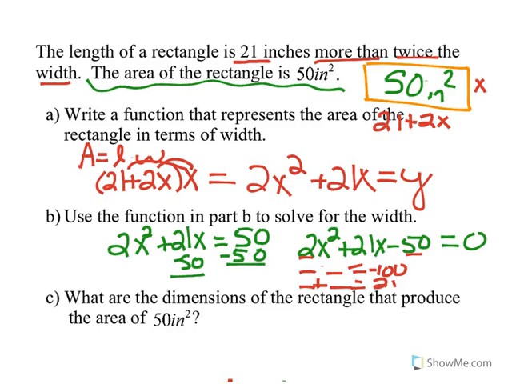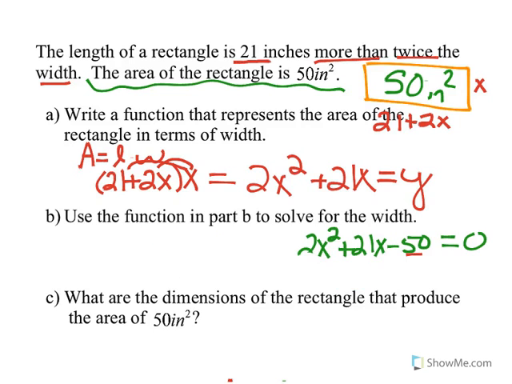Well, let's see. 10 and 10 is 100, but 10 and 10 does not add to 21. We could do 5 and 20, 50 and 2. I'm not coming up with a combination. So this looks like we're going to have to use our quadratic formula. So what I'm going to do to make some space is I'm going to rewrite this equation so that we can see it, and then we are going to go into our quadratic formula.